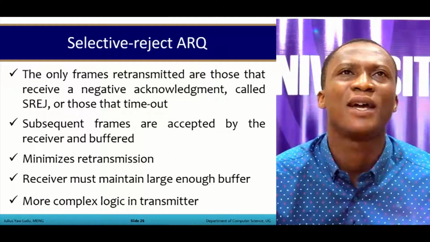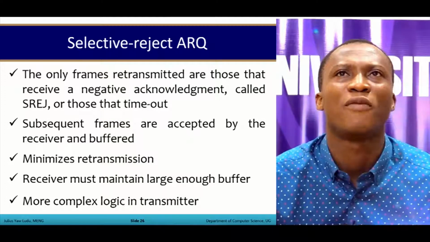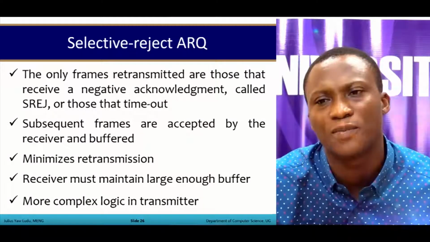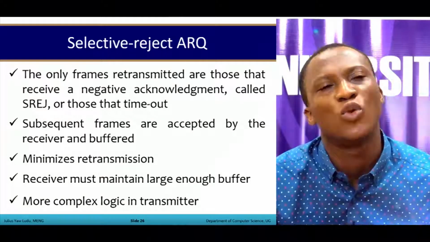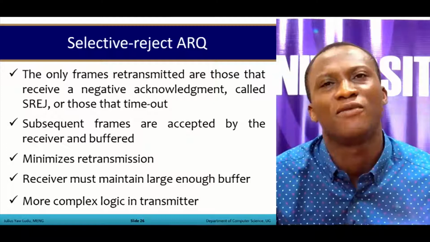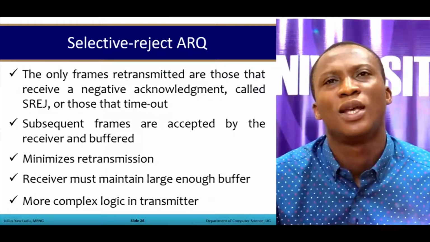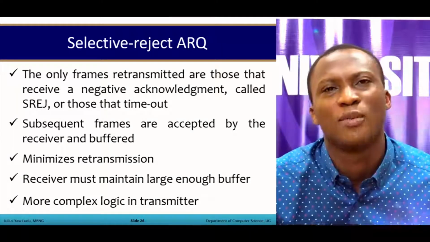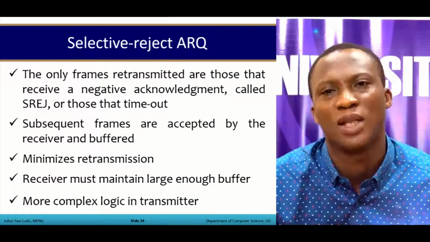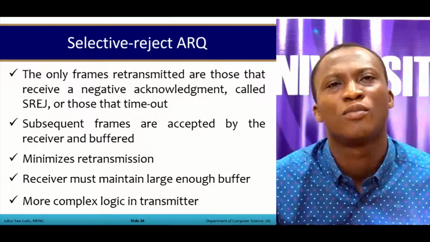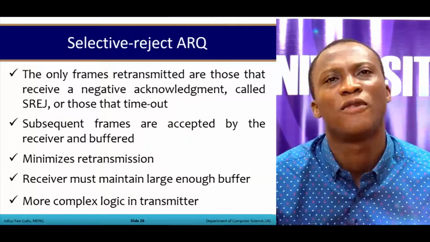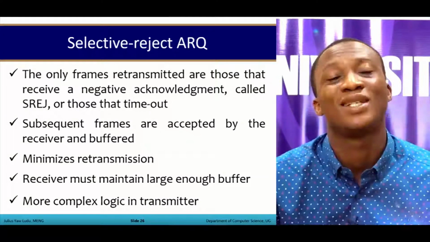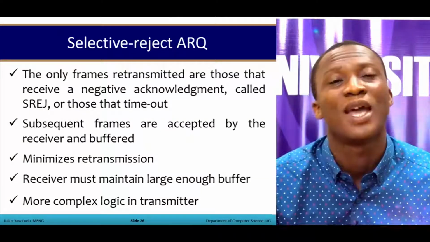Then we have the final type of ACK, which is a selective reject. Now the only frames retransmitted are those that receive a negative acknowledgement. Once they don't receive a negative acknowledgement, they don't get to be retransmitted. You remember in the go back N, when one frame gets lost or gets damaged, every other subsequent frame will need to be retransmitted.